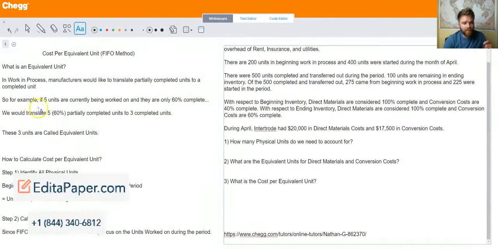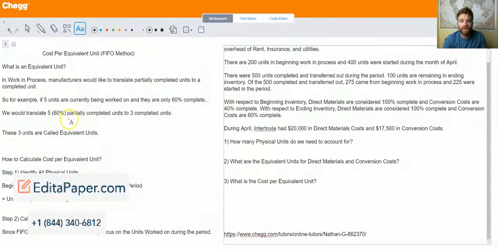So for example, if 5 units are currently being worked on in work in process, and they are only 60% complete. So again, partially completed units, only 60% have been completed. We would translate the 5 60% partially completed units to 3 completed units.